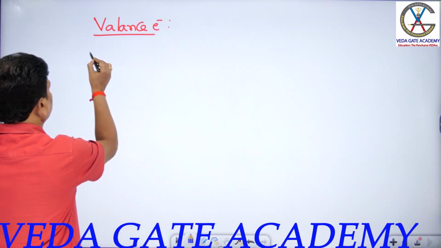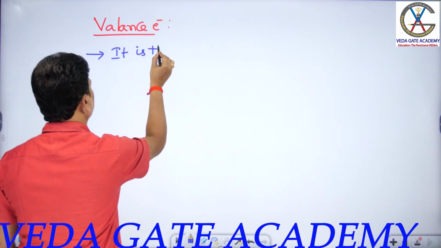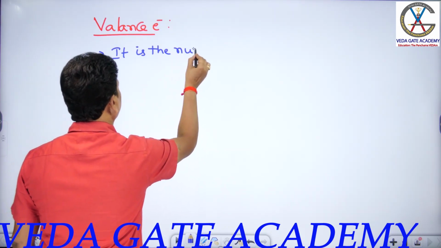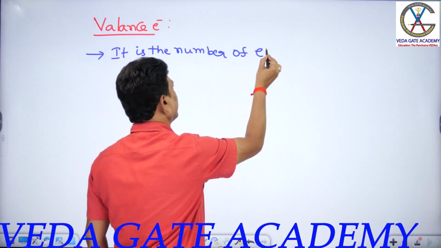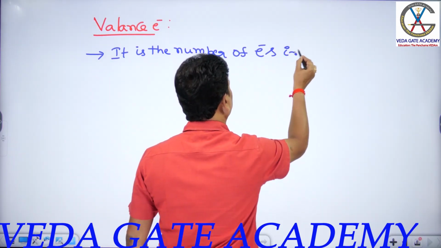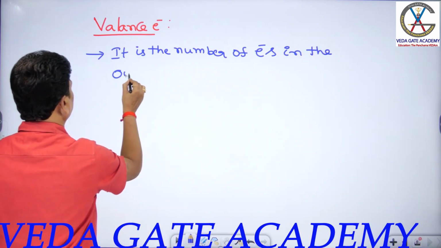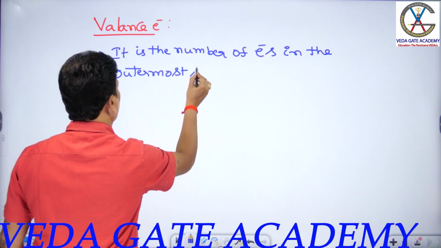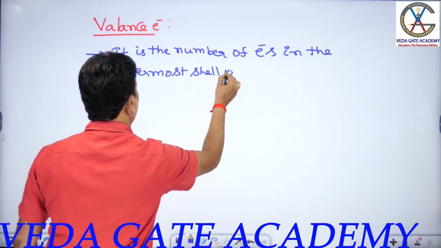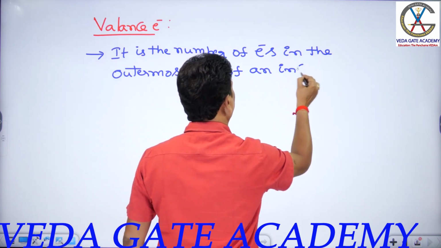So what is the valence electron? It is the number of electrons in the outermost cell of an incomplete atom.